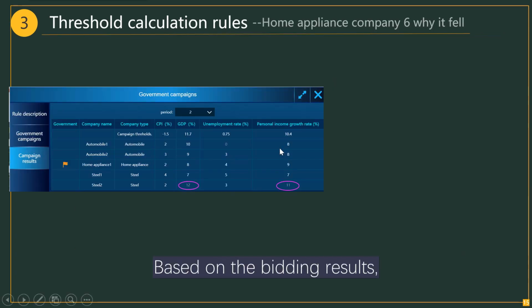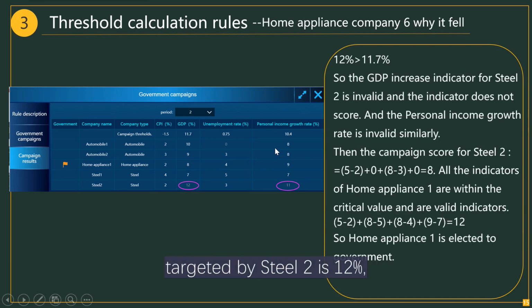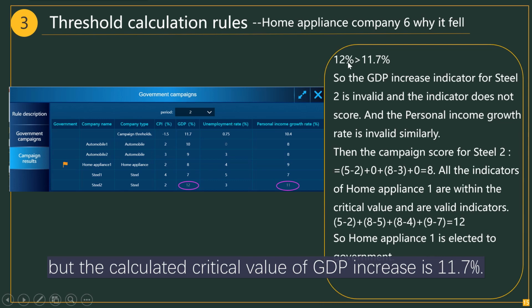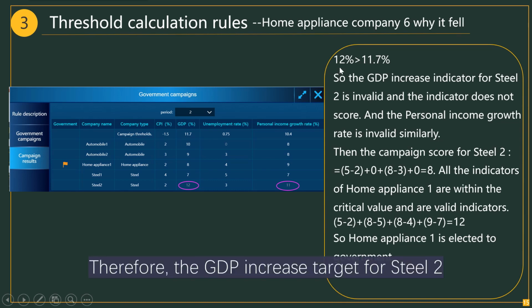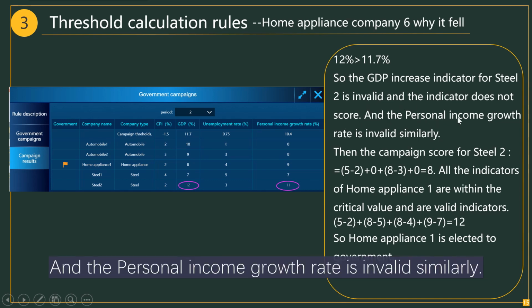Based on the bidding results, it can be seen that the GDP increase targeted by skill12 is 12%, but the calculated critical value of GDP increase is 11.7%. Therefore, the GDP increase target for skill12 is invalid and the target is not scored, and the personal income growth rate is invalid similarly.